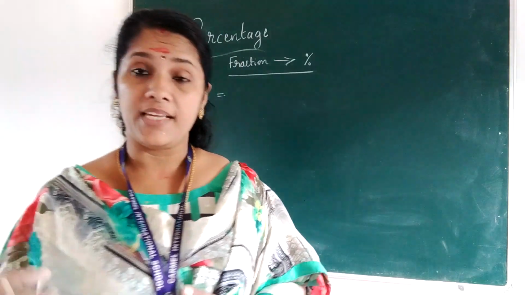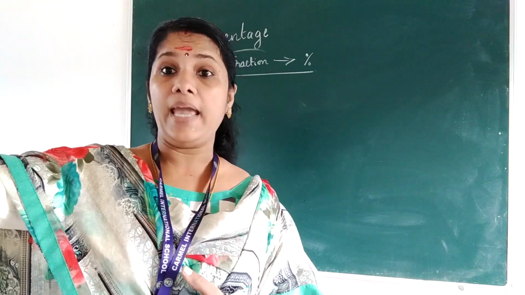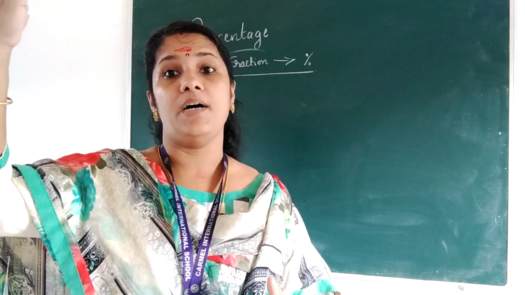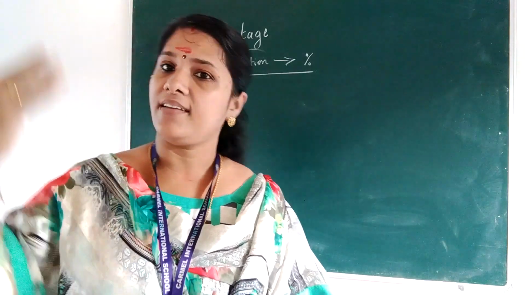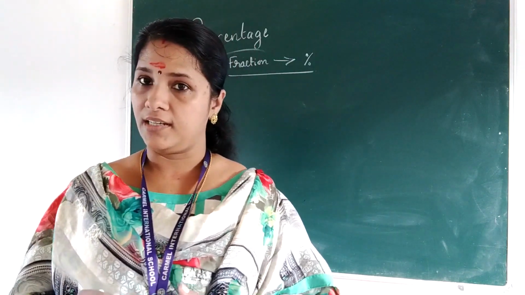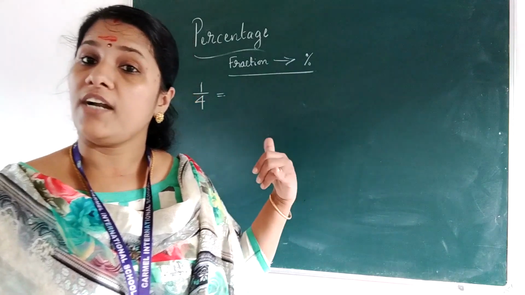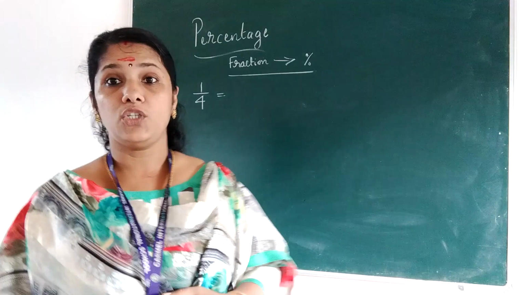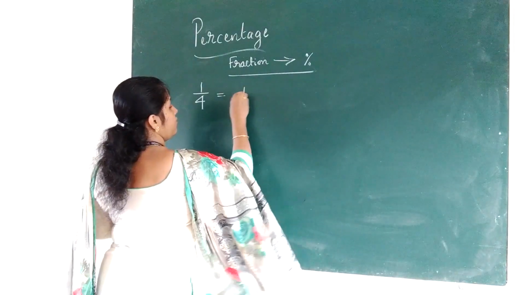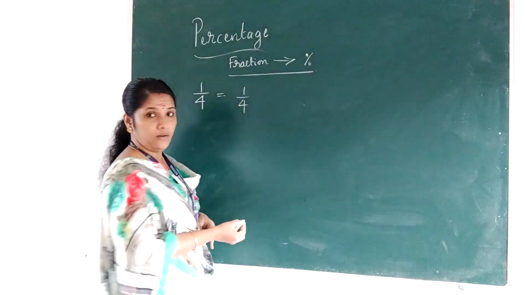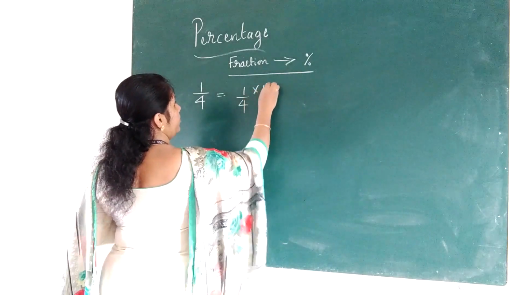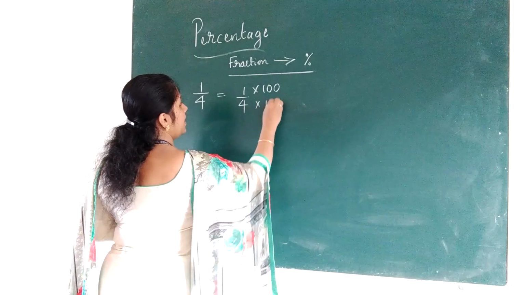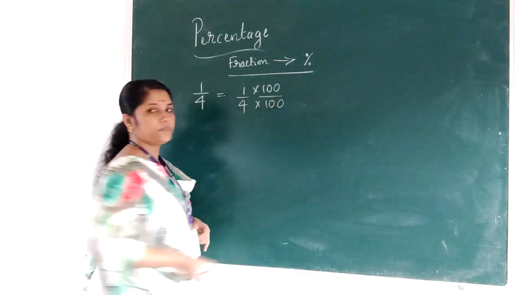It means we can multiply or divide any fraction by any number both in the numerator and the denominator together. Here also, to convert the given fraction into percentage, I am going to multiply the given fraction 1 by 4 by 100 both in the numerator and the denominator.